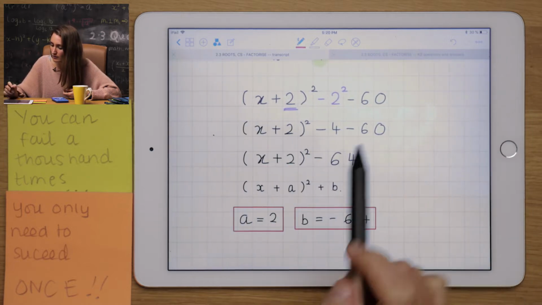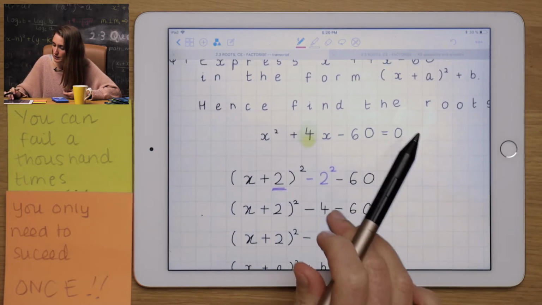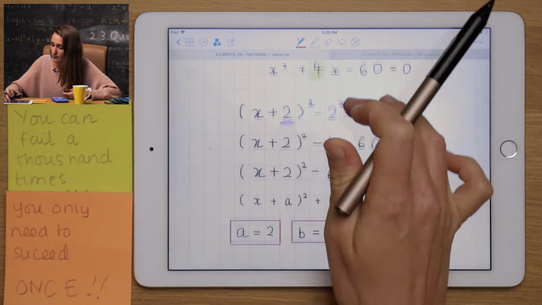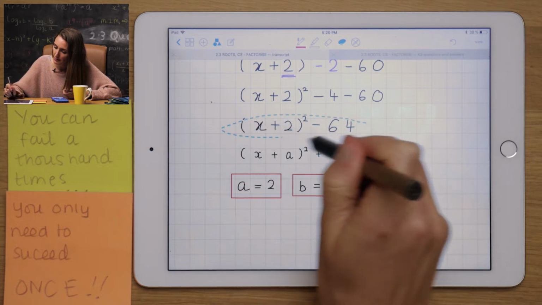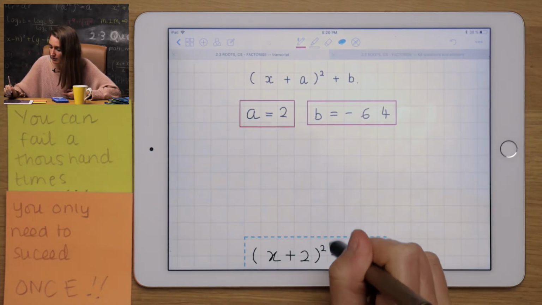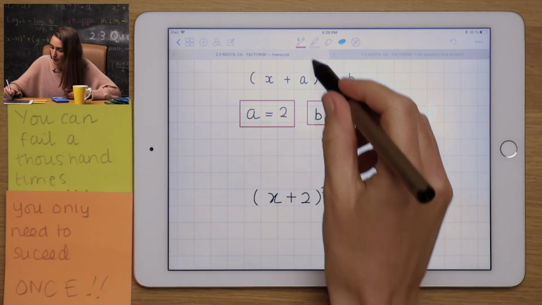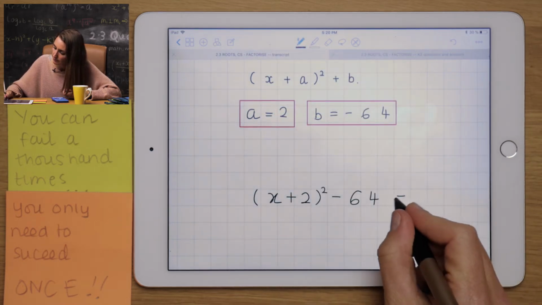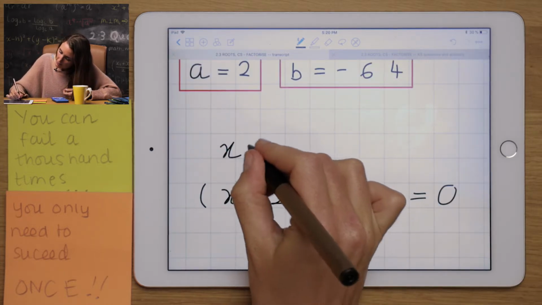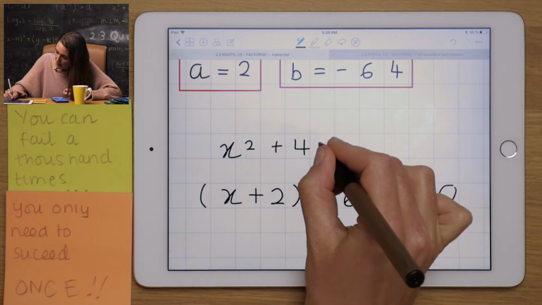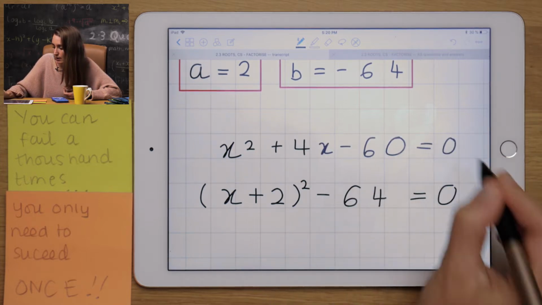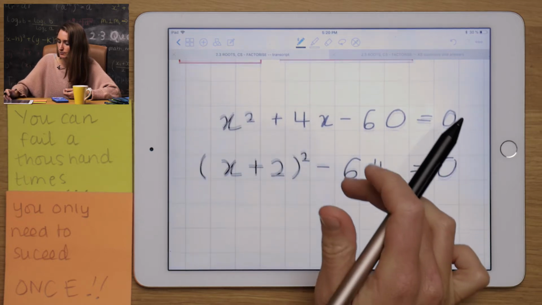So I can use this version now to solve this equation. Instead of solving x squared plus 4x minus 60 equals 0, I'm going to put in my completed square version and let that equal 0.